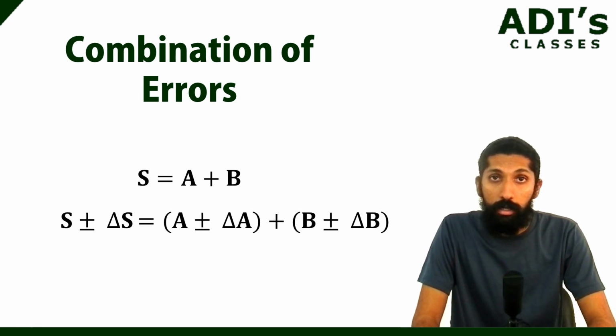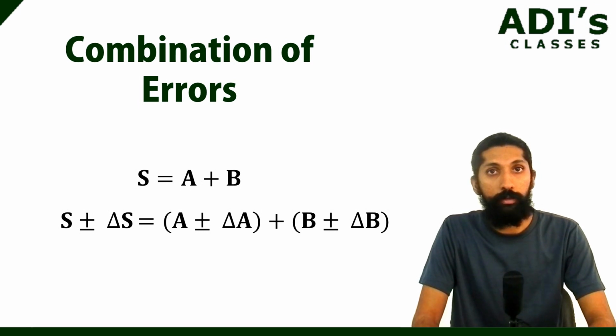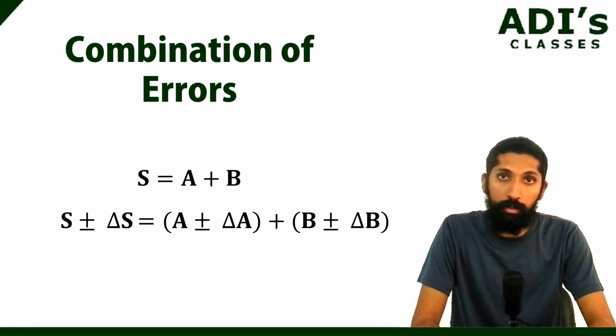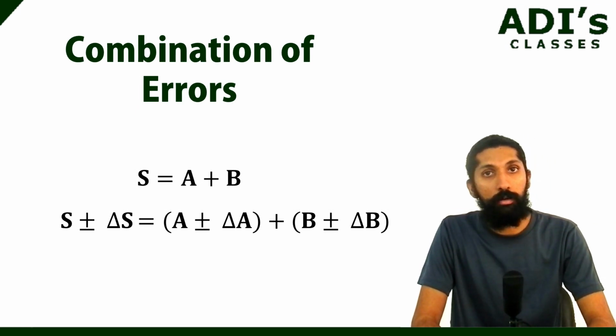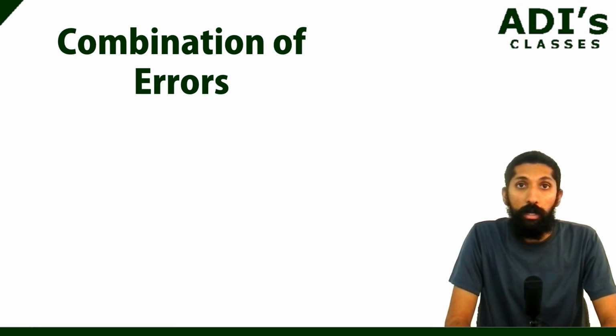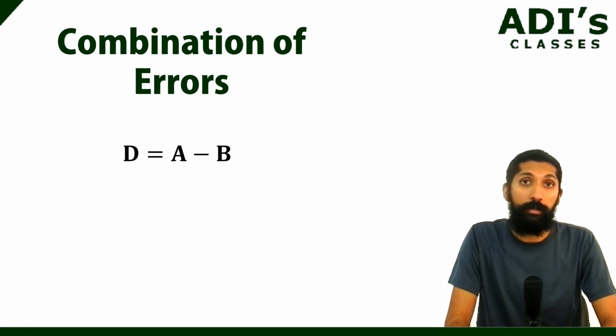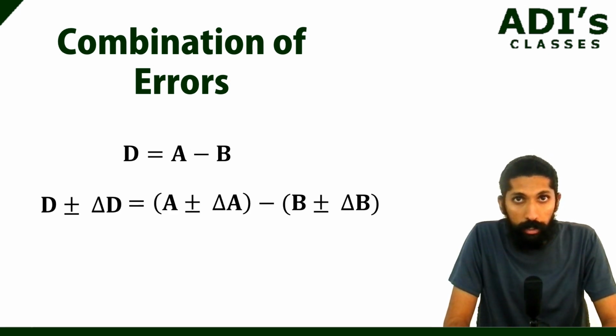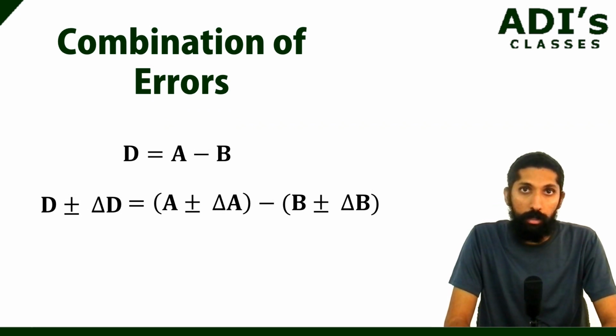Now when you take this mathematical formula and reduce it, you will get delta S is equal to delta A plus or minus delta B. If you take the difference of two quantities, say D is equal to A minus B, now we'll use the same thing, correct? If you use this one, you are going to get delta D is equal to delta A plus or minus delta B. Or in general, we just say that delta D is equal to delta A plus delta B.